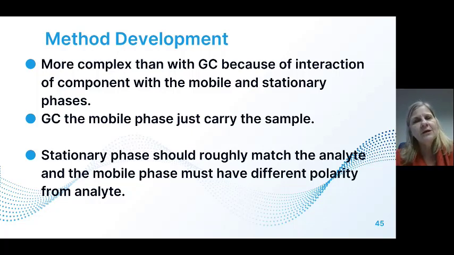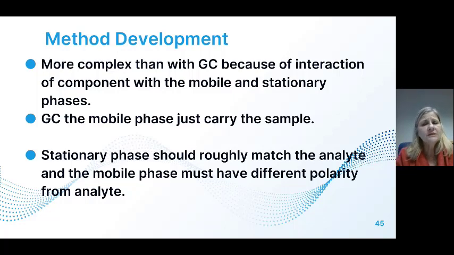But with LC, we have interaction between the mobile phase, the analyte, and the stationary phase. So the analyte would be attracted to the stationary phase, but it's also being attracted to the mobile phase. And those conditions have to be optimized so that you can get your best separation.